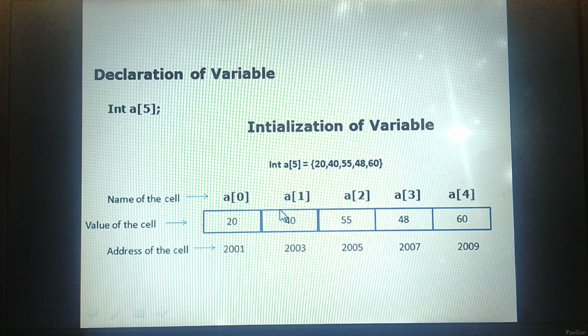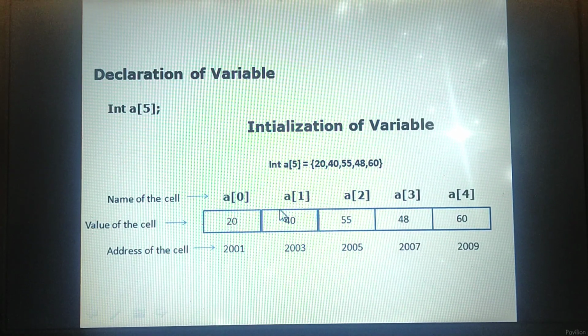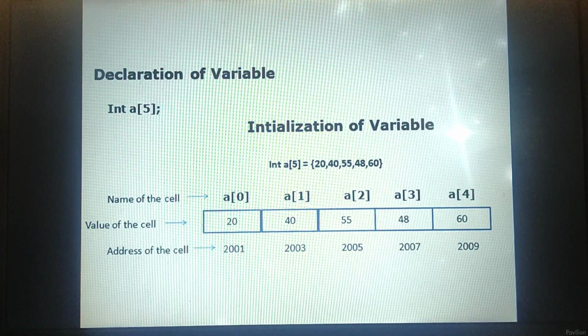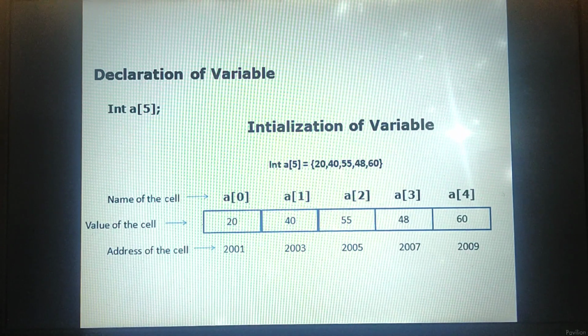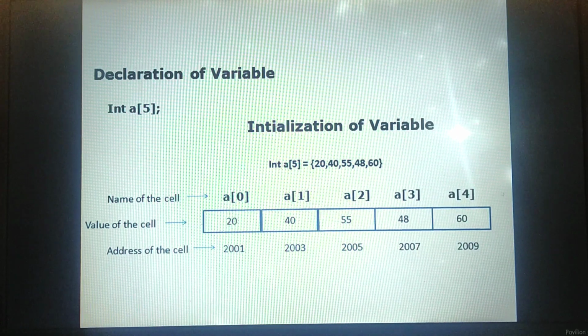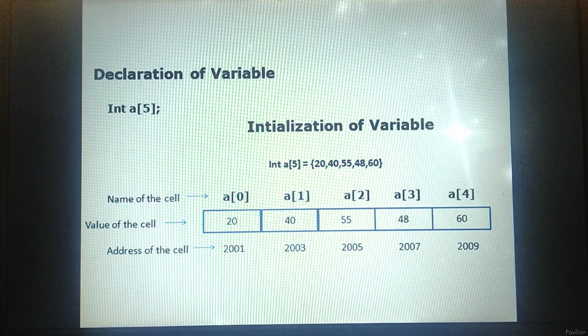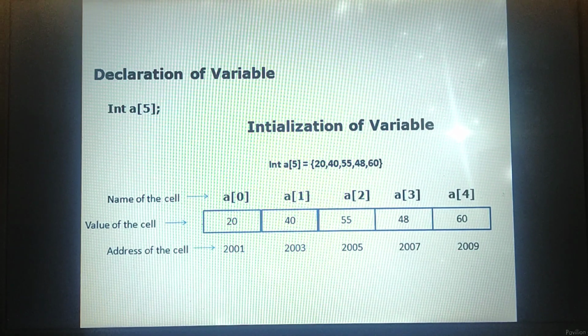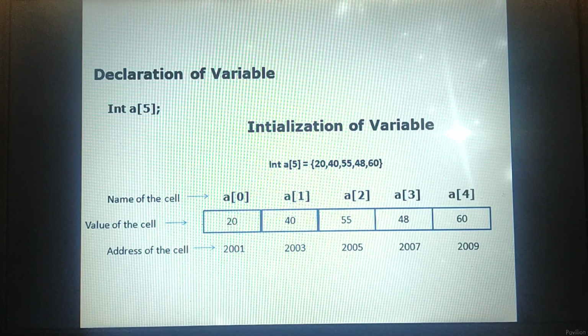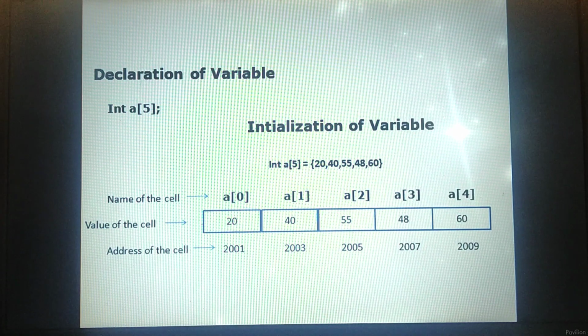What do we mean by similar elements stored in sequential order? Similar means the elements in the array belong to the same data type. Refer to this example: all 5 elements belong to the int data type because the type of the array is int, integer.